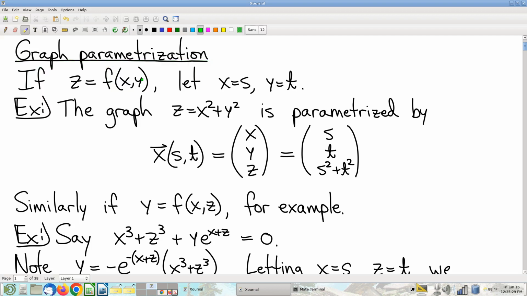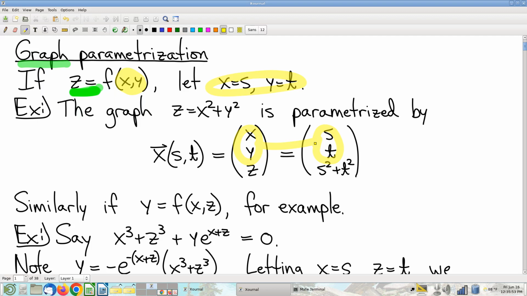So the big idea, if you have a graph, now notice here, z is a function of x and y. That makes this a graph specifically, and it does have to be a graph. The big trick is, whatever your input variables are, let those be your parameters.